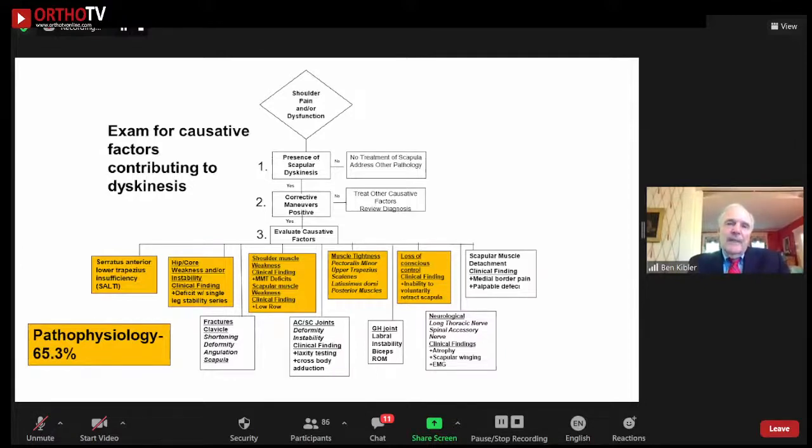They don't work well. We're talking about hip and core weakness. Once again, over half the patients. Certainly the shoulder muscle weakness that you can normally test for, muscle tightness, especially of the pectoralis minor and latissimus dorsi, and then this loss of control where you really do not retract well. These are all things that can be identified on the physical exam, but they have to do with muscle activation.